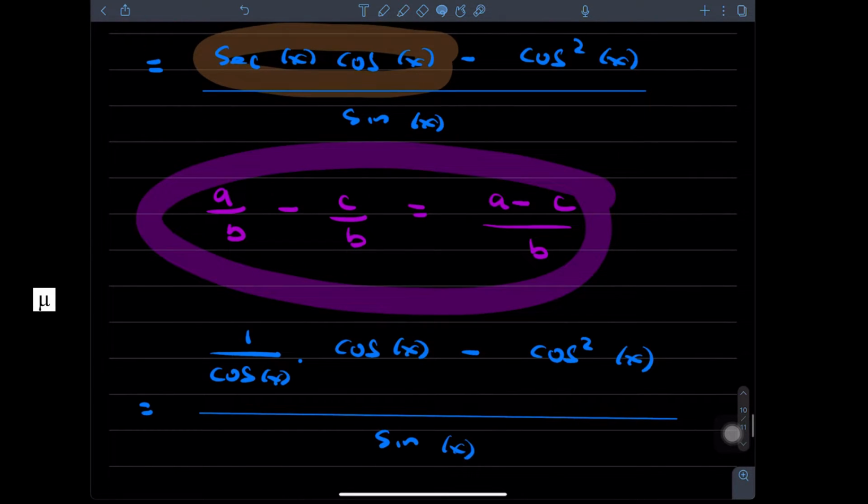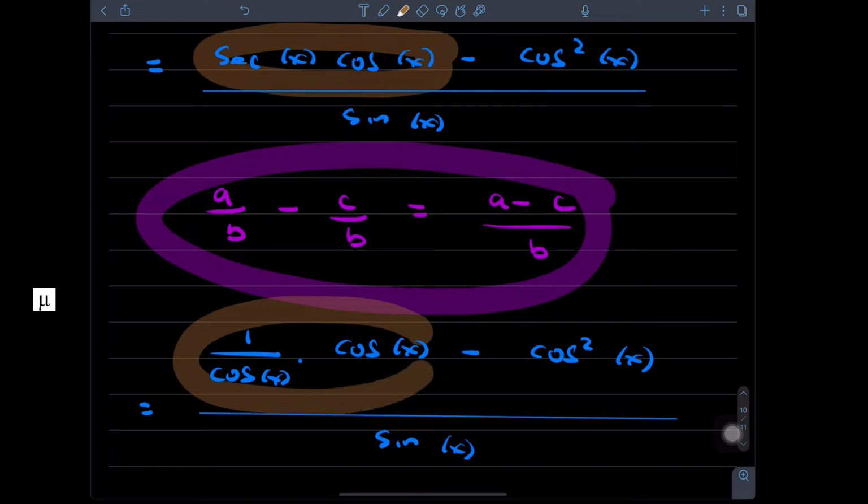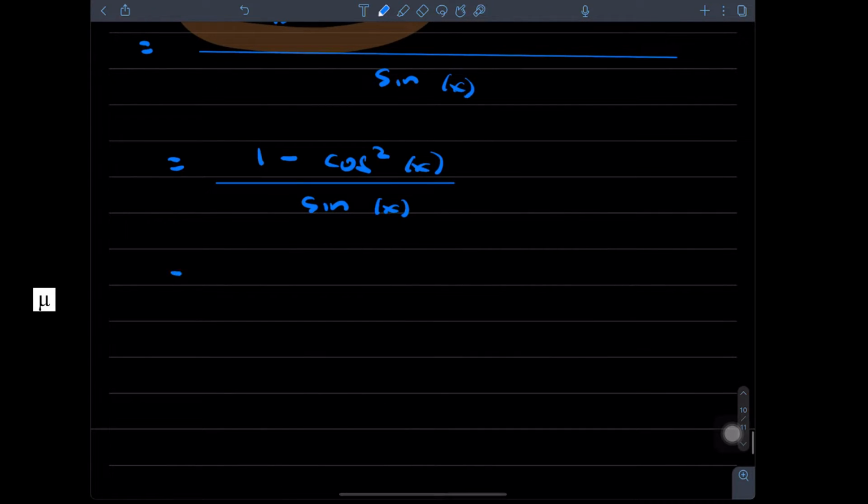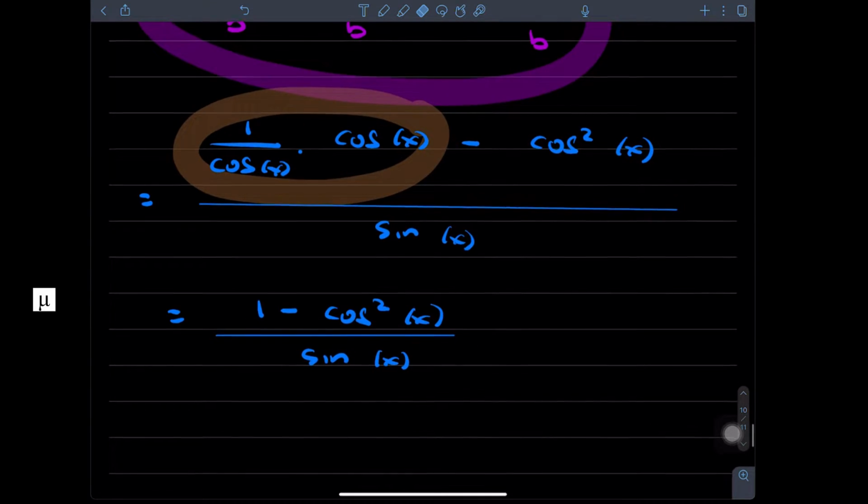So we know that this portion is going to be what number? Is that 1? So we got 1 minus cosine squared over what? Sine. Okay, so far so good?